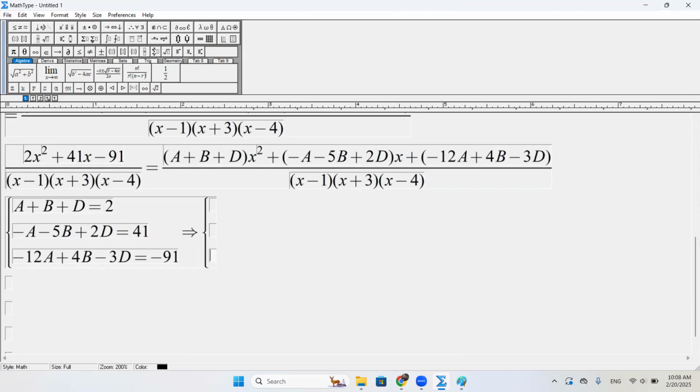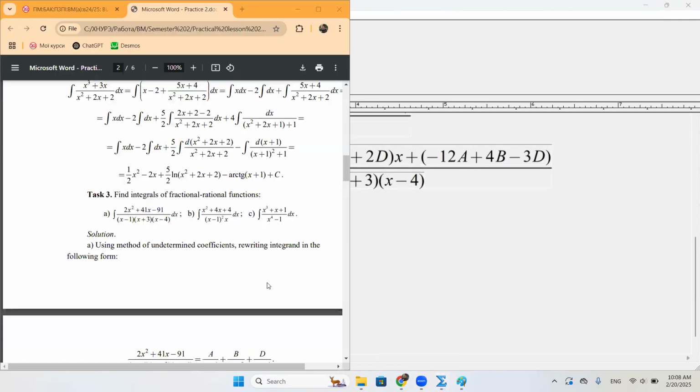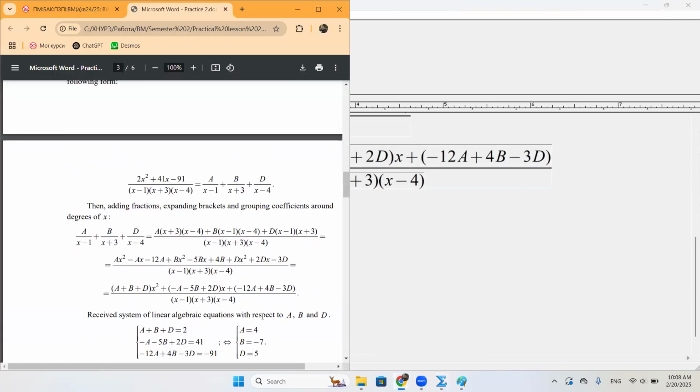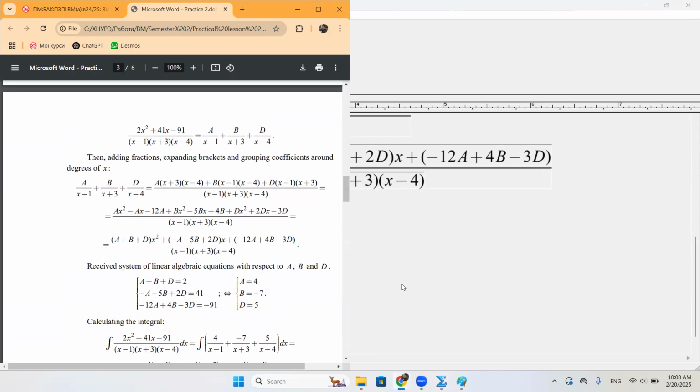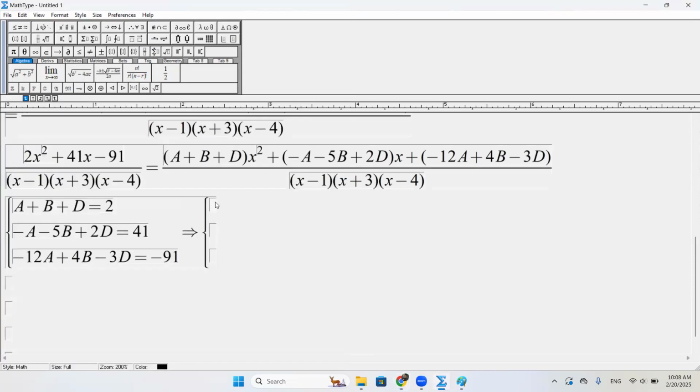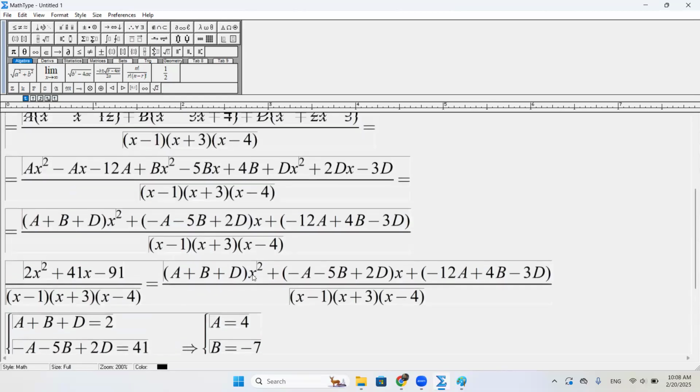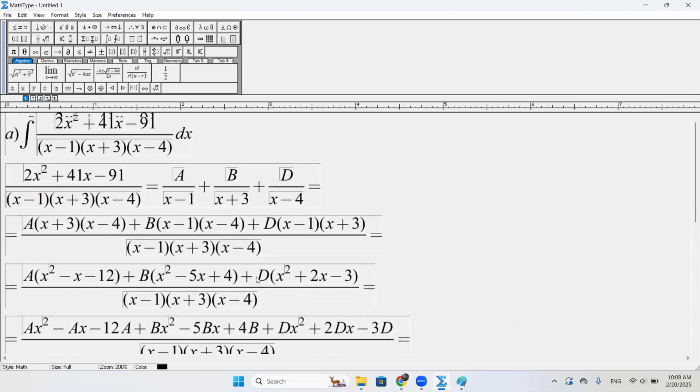Now let's just write down the solution here: 4, minus 7, 5. But of course, when doing your individual task, solve this equation system. Okay, so what do we receive finally?